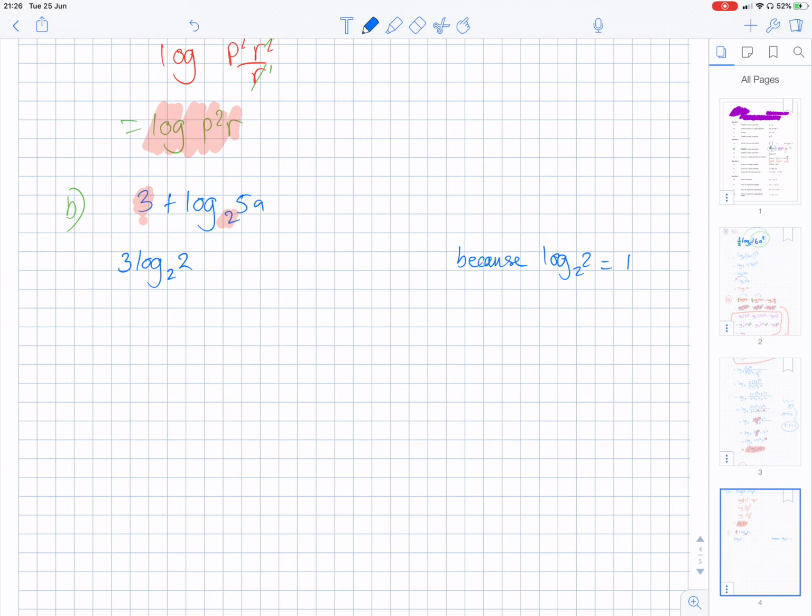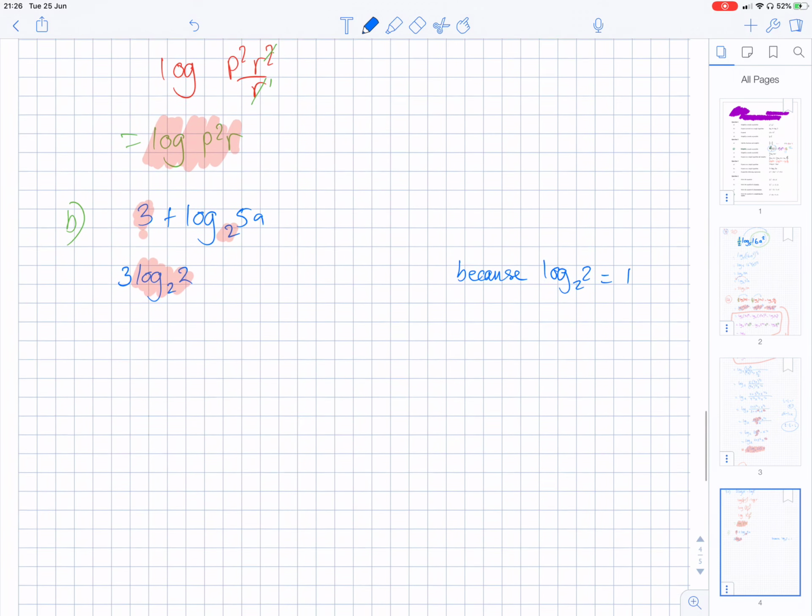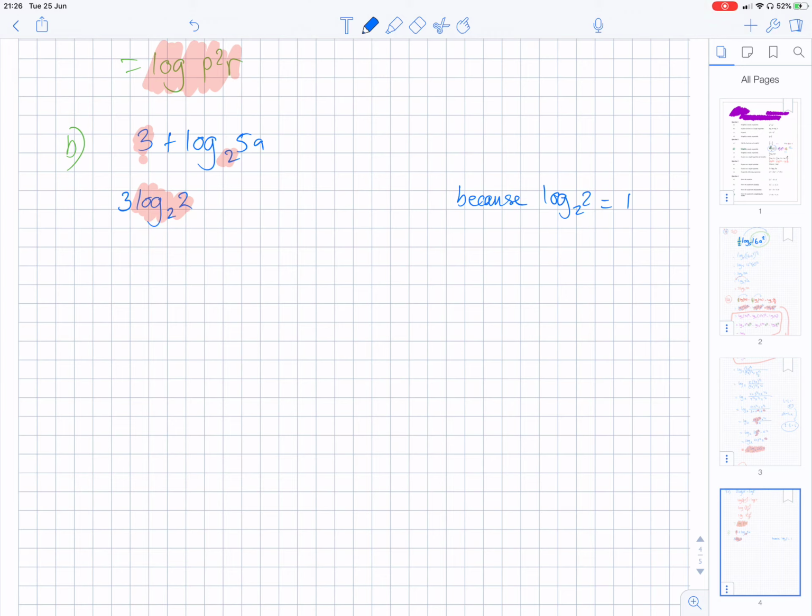So it's like we've just multiplied 3 times 1, so we haven't changed anything. But the reason we've got a base 2 here is that it becomes the same base as that one. So this is plus log 5a base 2.